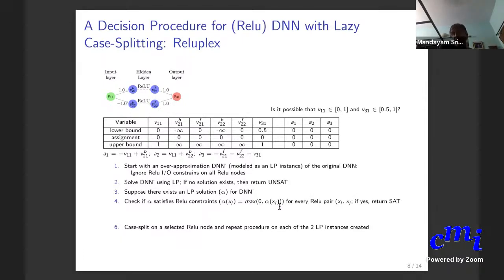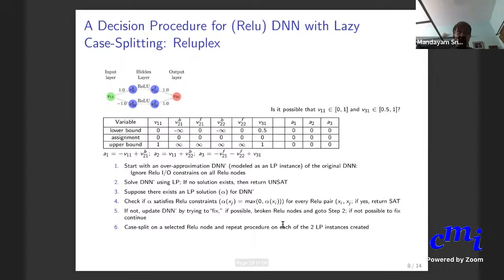That is the ReLU constraint, the nonlinear constraint expressed in terms of max. You'll have to check that for every pair. If that is met by every ReLU pair, that is, if none of the ReLU constraints is broken, then the satisfying solution is indeed a satisfying solution for the original problem with ReLU constraints.